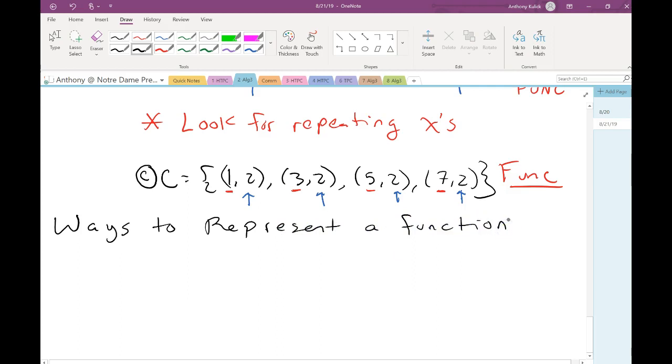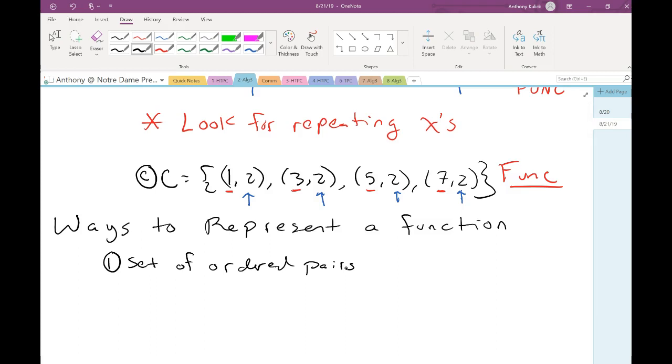So the next thing we want to do is talk about some different ways that we can represent a function. The first way is what we've already talked about. We can represent it as a set of ordered pairs.